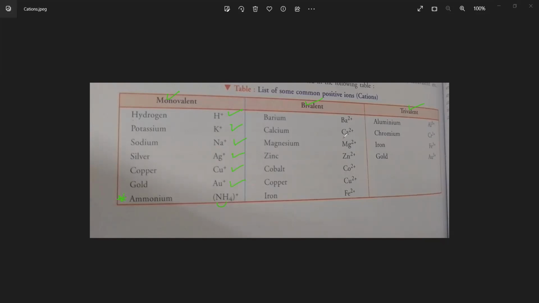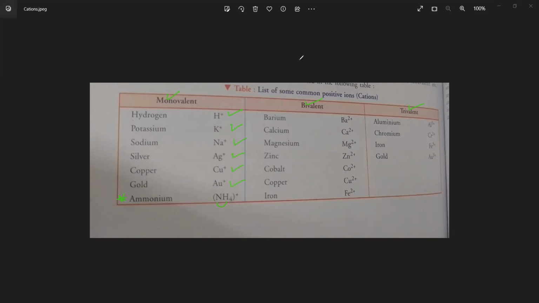Barium +2, calcium +2, magnesium +2, zinc +2, cobalt +2, copper +2, iron +2. Similarly, aluminium +3, chromium +3, iron +3, gold Au+3.